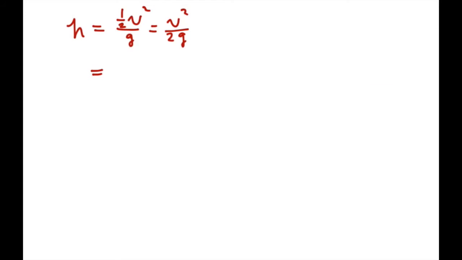Our final velocity was 2.25 meters per second, so we'll square that over 2 times 9.8, and this will give us 0.258 meters.